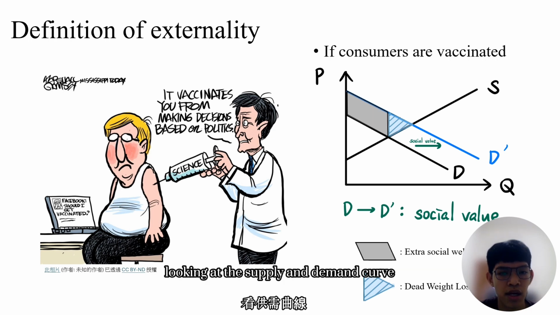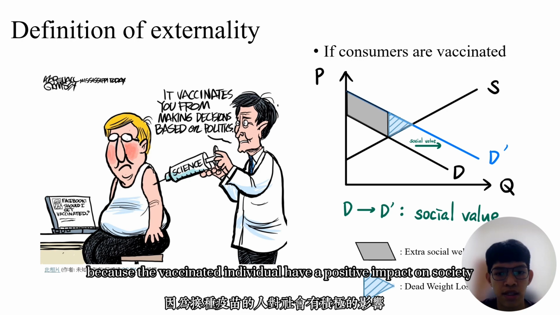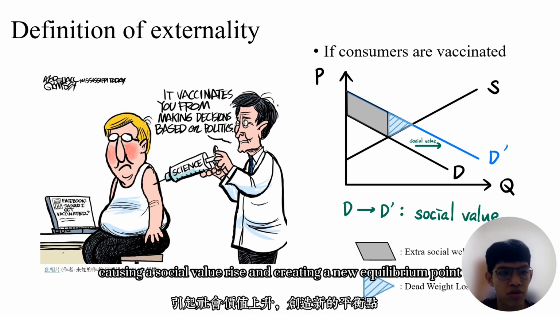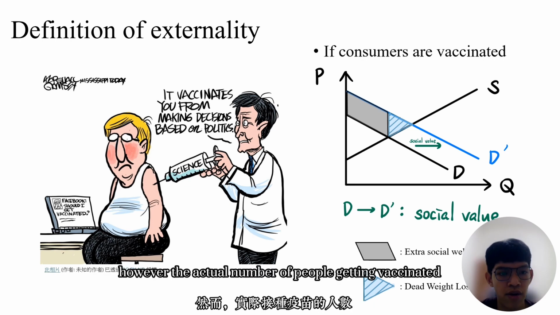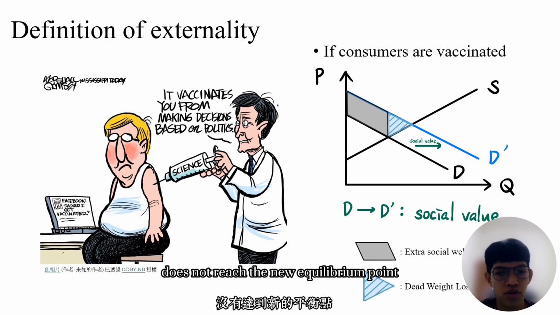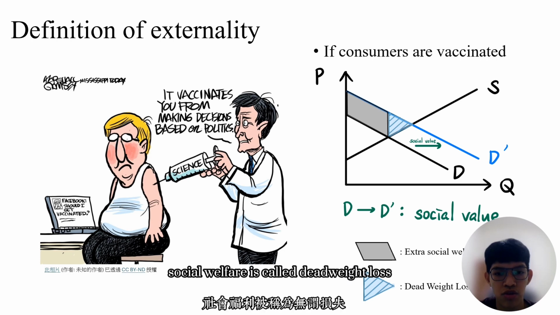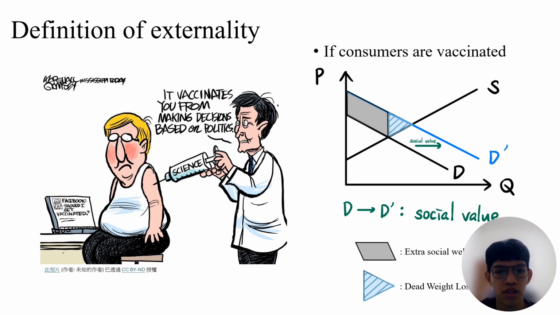Looking at the supply and demand curve, because vaccinated individuals have a positive impact on society, the demand curve shifts upward, causing a social value rise and creating a new equilibrium point. However, the actual number of people getting vaccinated does not reach the new equilibrium point, resulting in an increase in social welfare, but not to the maximum level. The area that falls short of the maximum social welfare is called deadweight loss.